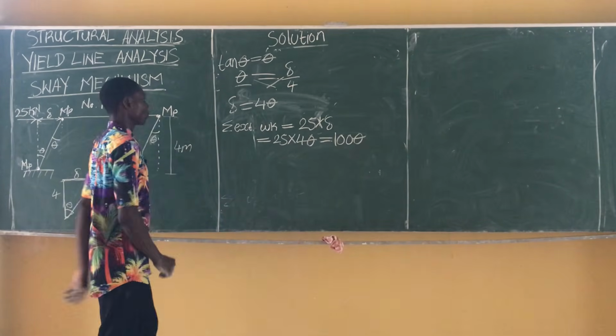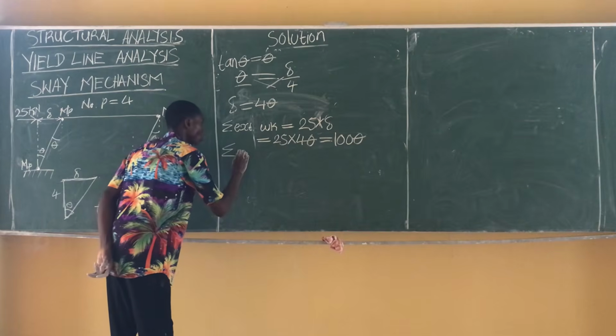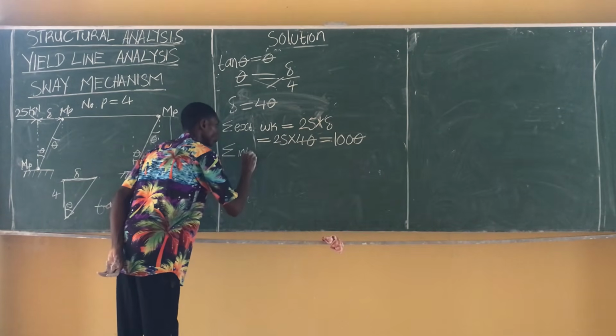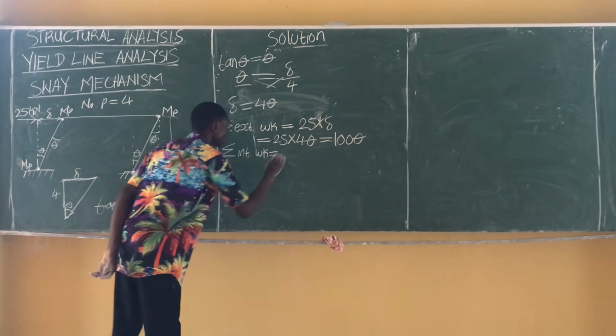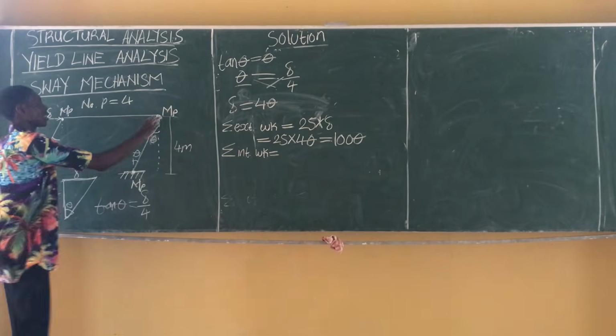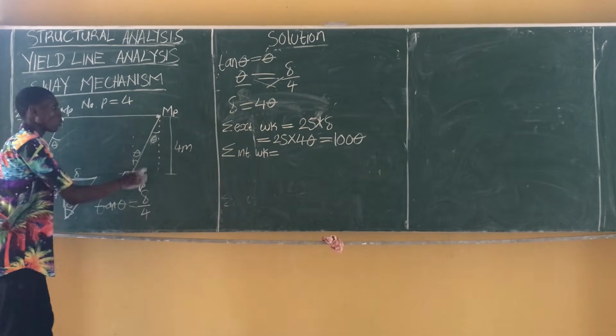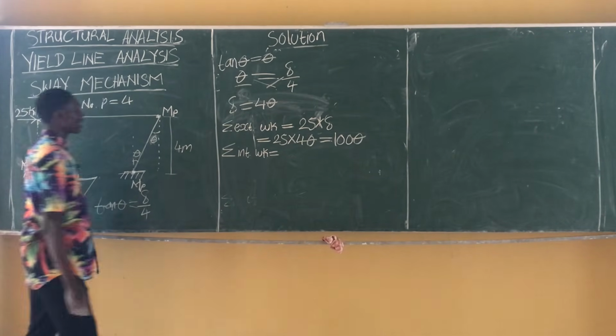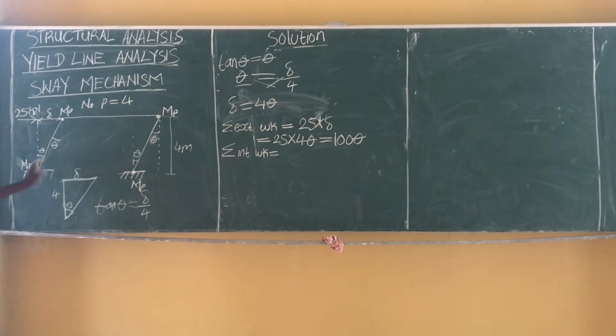All right. The next thing, the summation of internal work done, is equal to our various plastic moments multiplied by theta. So how many plastic moments do we have? 1, 2, 3, 4.